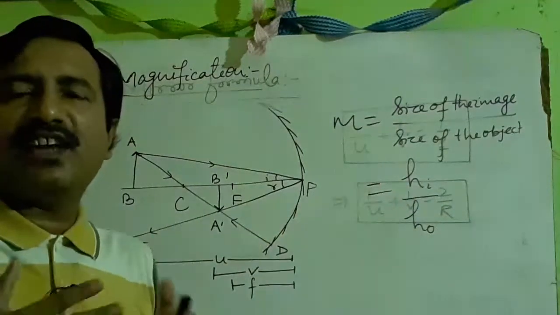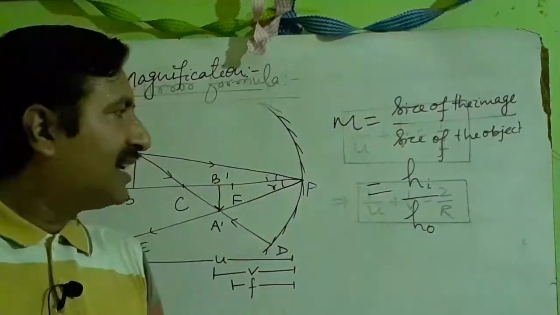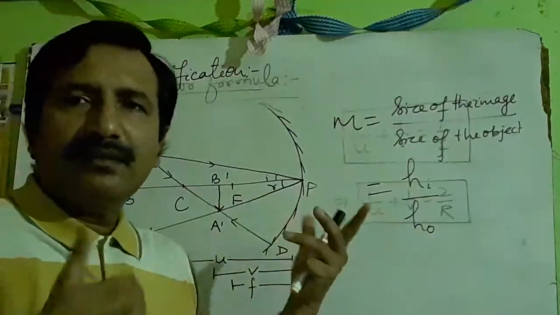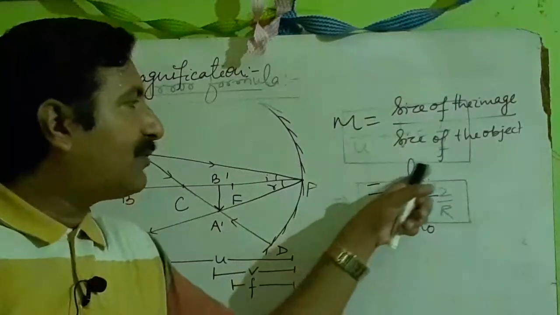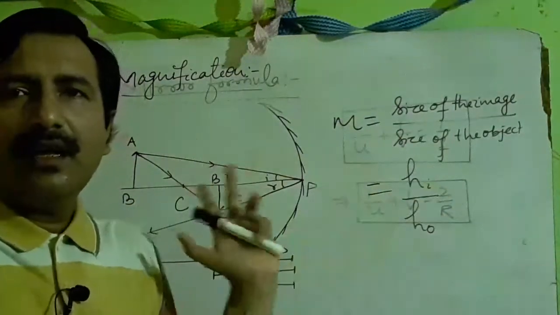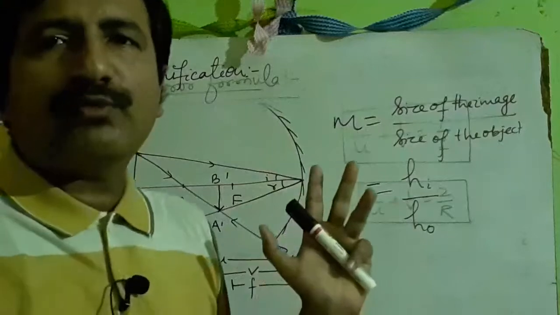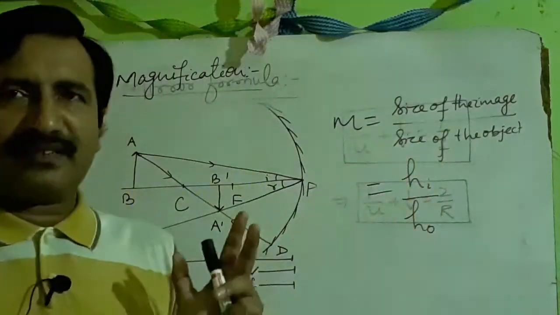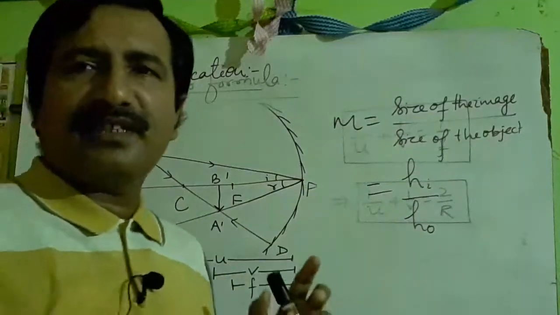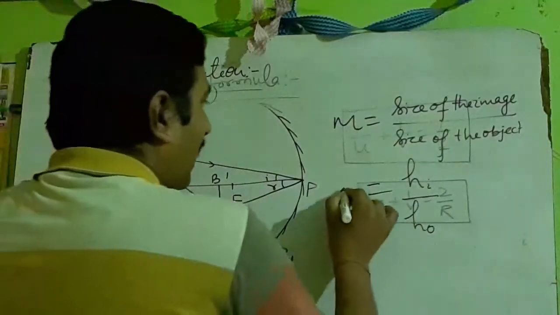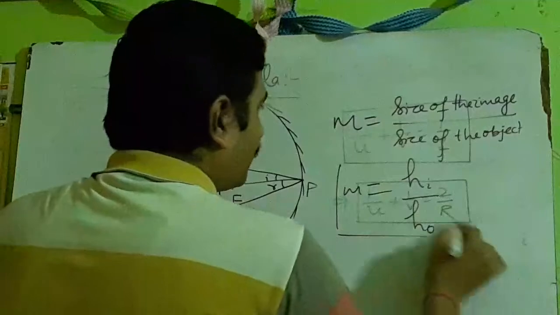If you talk about volumetric magnification, this will be volume of image by volume of object. But in class 10, you have to learn only about linear magnification. So this is height of image by height of object. This is the formula for magnification.